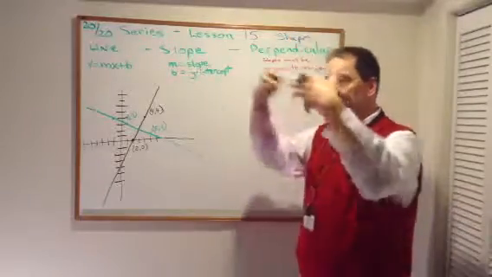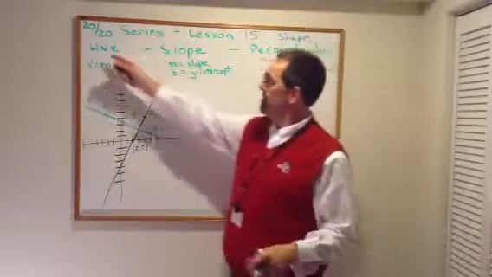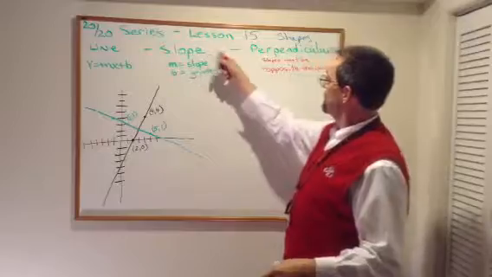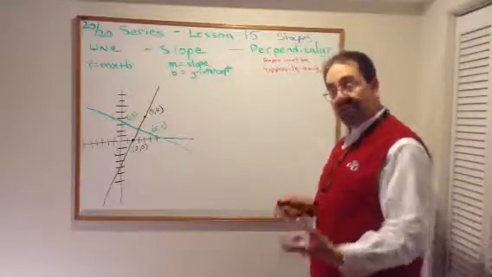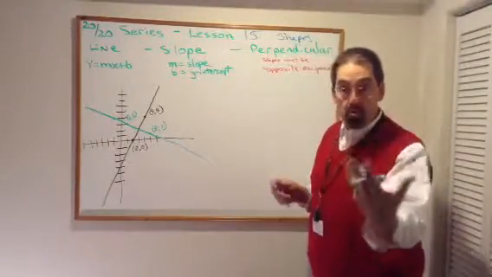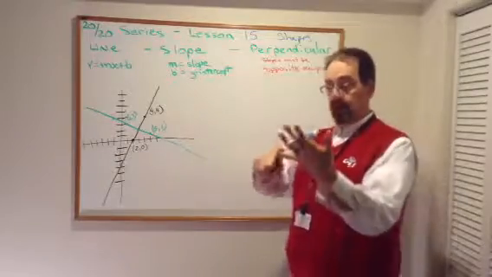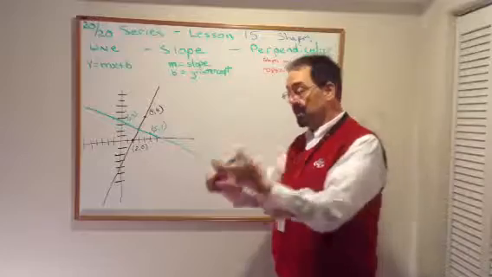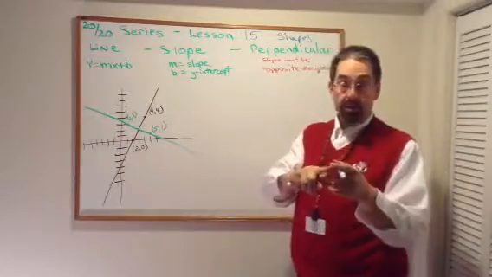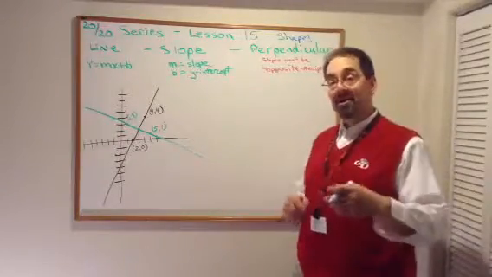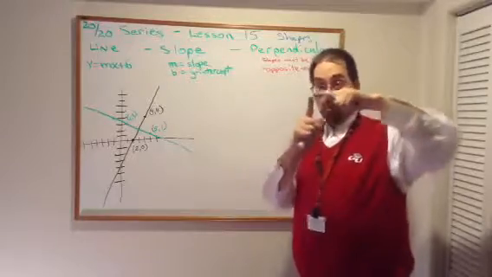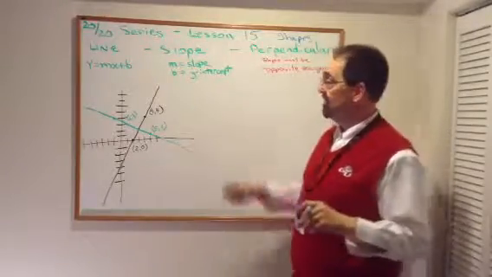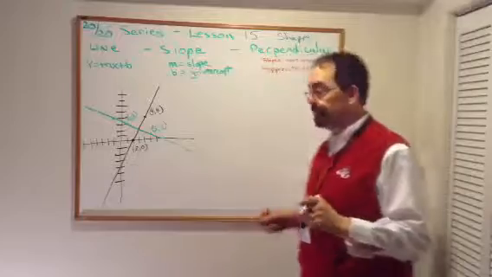But before we can start using that, I wanted to make sure that we remembered line, slope, and perpendicular. Because a lot of those shapes, in order to prove that they are indeed a rectangle, or a kite, or a square, or a parallelogram, we have to show that the lines are indeed parallel or perpendicular, forming a 90 degree angle. So let's do a little refresher.